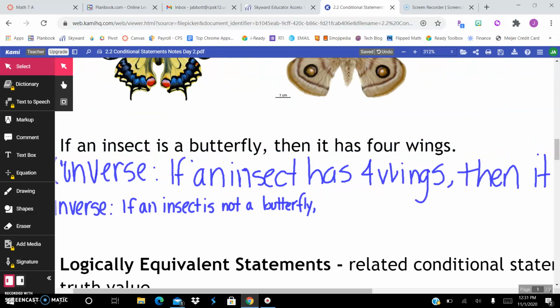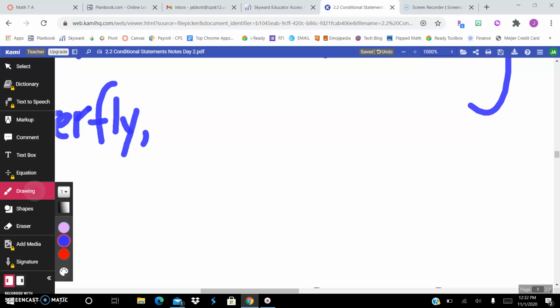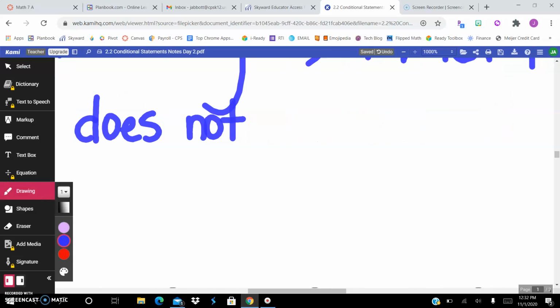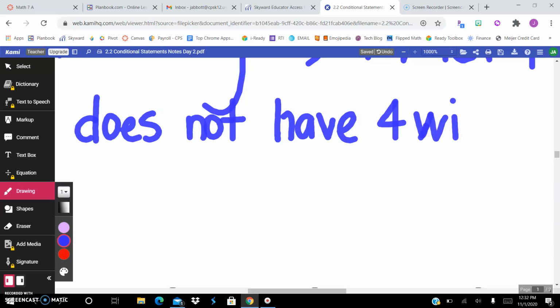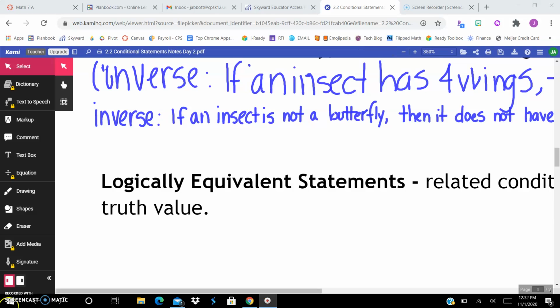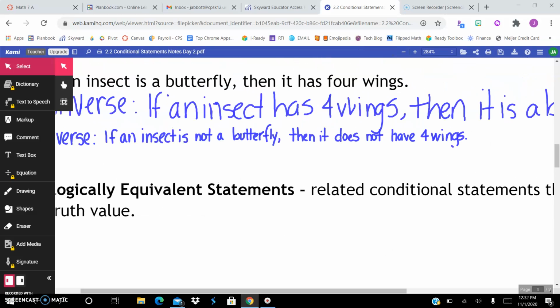And then our then statement, it has 4 wings, would be it does not have 4 wings. So the inverse is: if an insect is not a butterfly, then it does not have 4 wings.